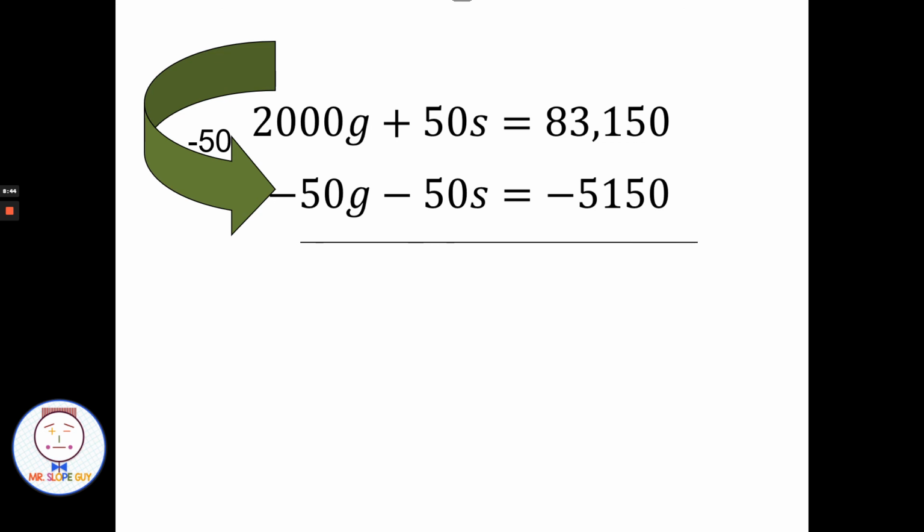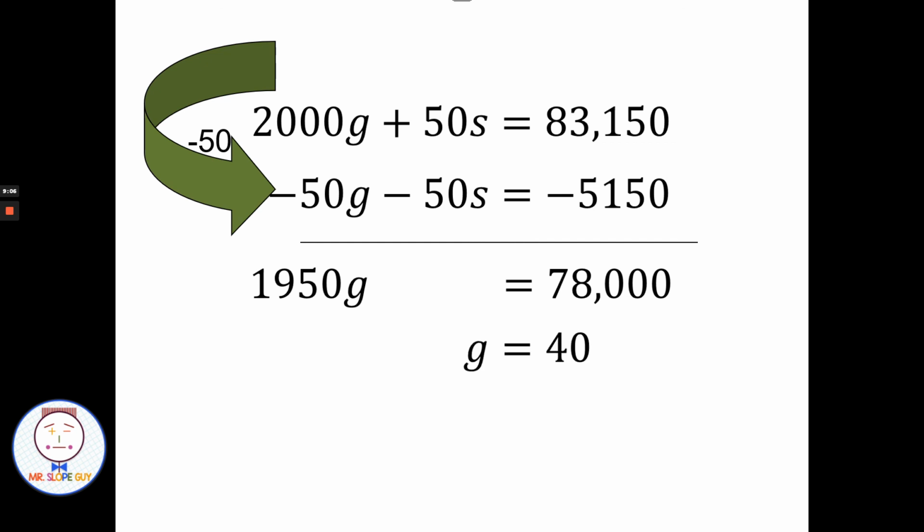Then I add these two together. 2,000G plus a -50G is 1950G. My S's eliminate, they're opposites, they're inverses. And 83,150 plus a -5,150 gives us 78,000. Divide both sides by 1950, and I have 40 gold coins.